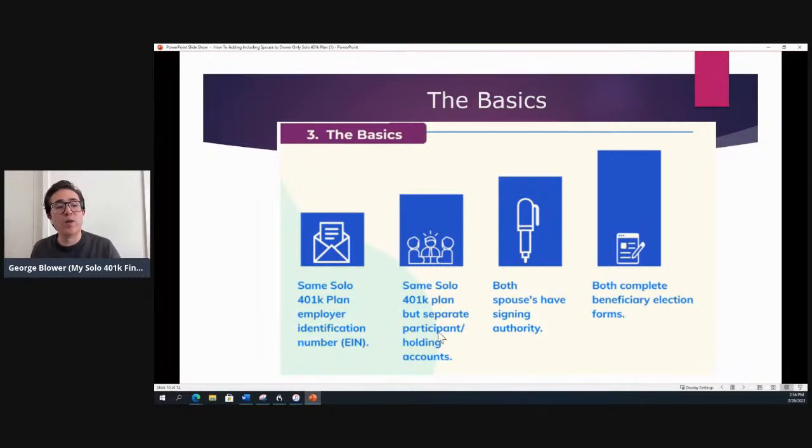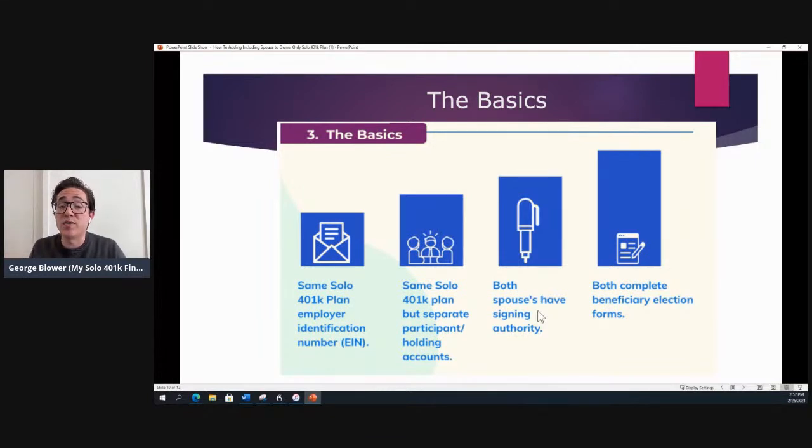The second point here is that they are separate accounts. Like we talked about with the good question, both spouses are going to have signing authority. Even if it's not a co-trustee situation, the question was about a spouse that doesn't necessarily have self-employment income or doesn't want to participate.